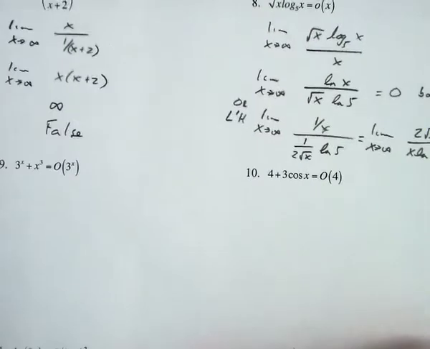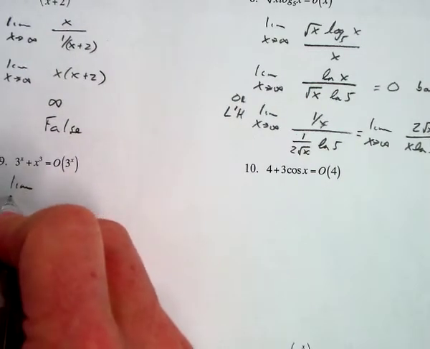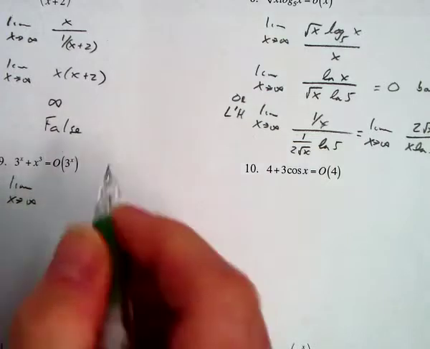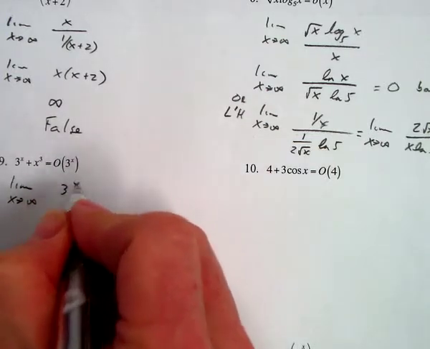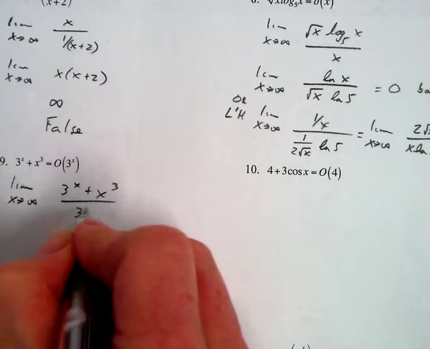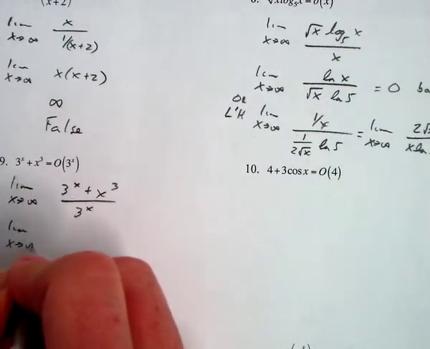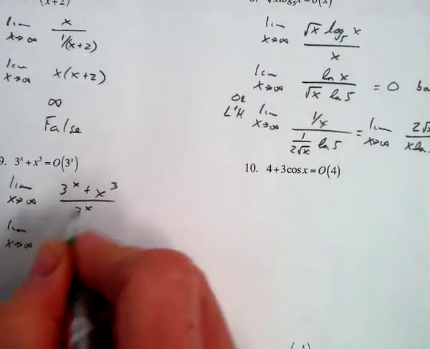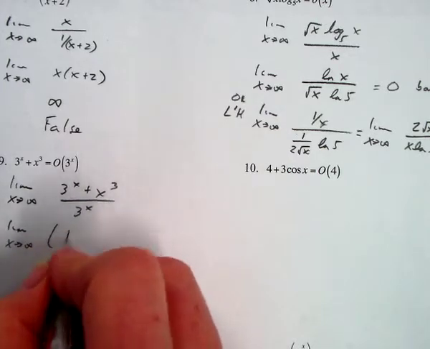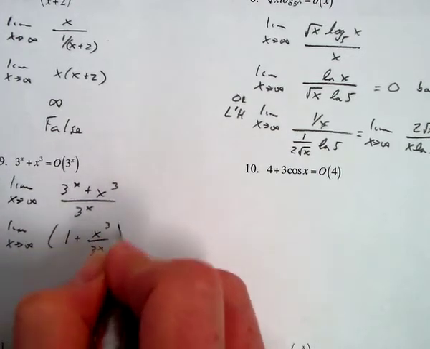All right, number 9. At this point, you just need to practice, and that's all that I'm doing here. There's just various different situations on how to deal with them. So we have the limit as x goes to infinity. Let's simplify this fraction to 1 plus x cubed over 3 to the x.